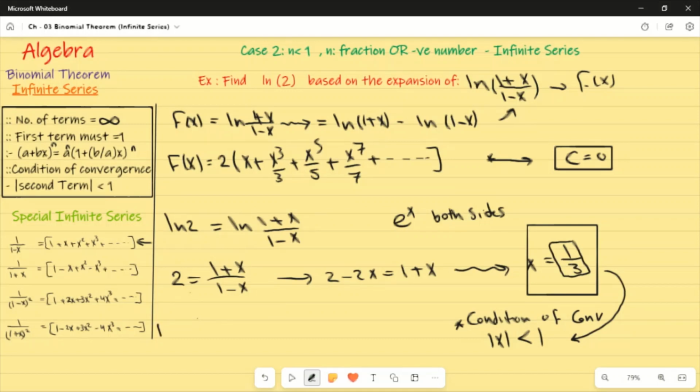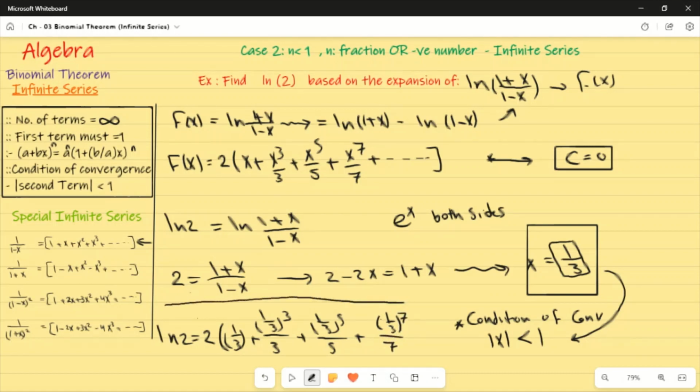So ln 2 here equals, from this expansion, 1/3 plus (1/3) power 3 over 3, plus (1/3) power 5 by 5, plus (1/3) power 7 by 7.